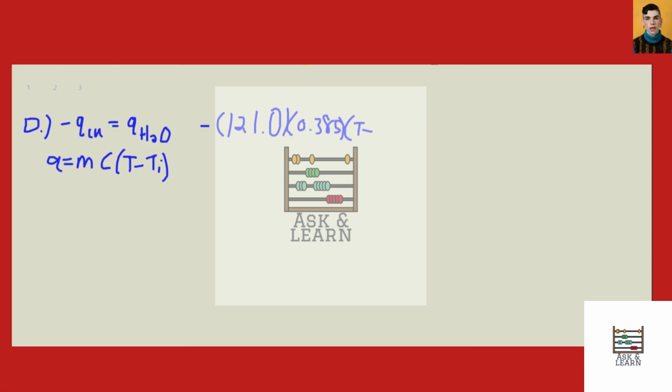So for copper, our initial temperature, remember, is 100.4 degrees Celsius. Now for water, we have 150 grams of water times 4.18, and then we're going to have T minus 25.1.